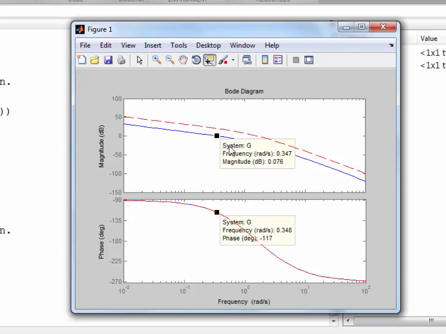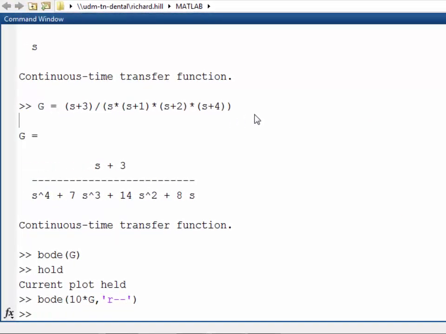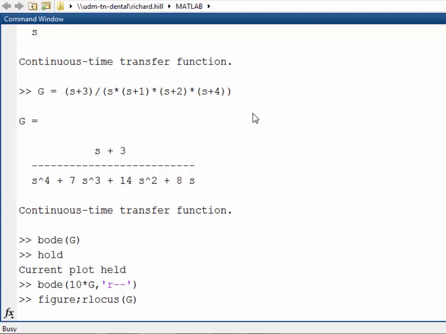And we can start to get a sense of what the gain margin is: how much gain can we add before our system goes unstable. Just for comparison's sake, let's open up another figure and plot the root locus of our open loop transfer function.